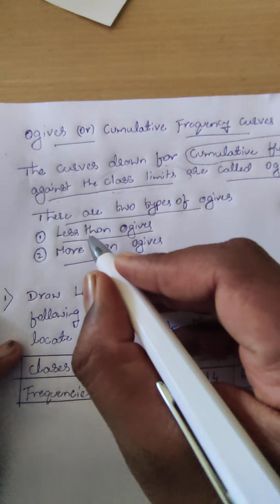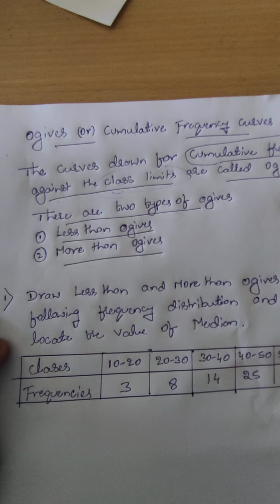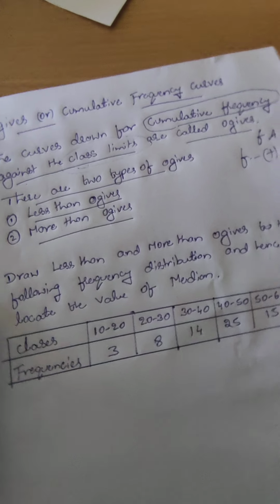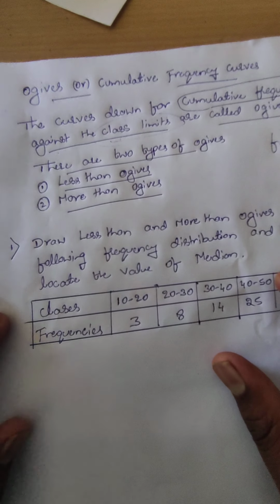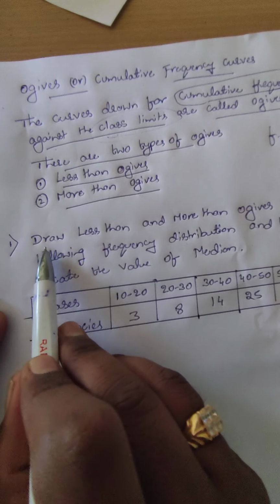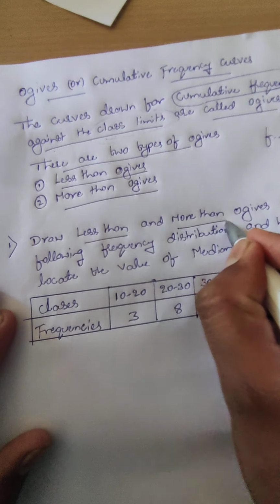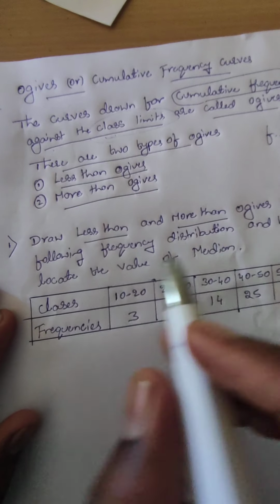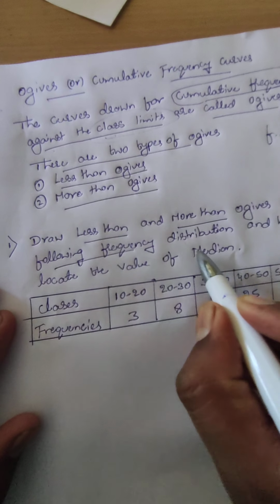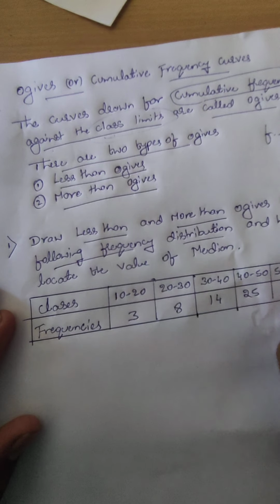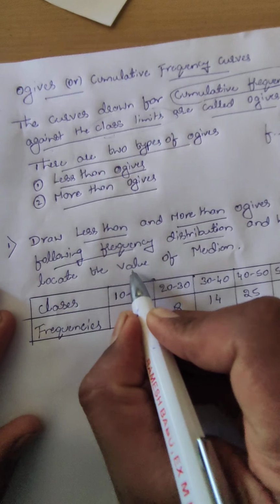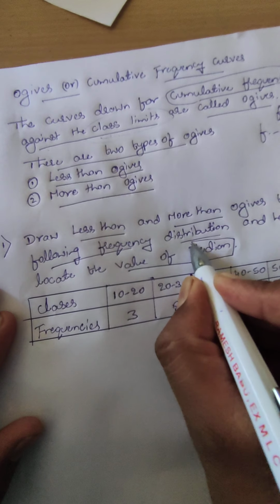So, let us solve one problem based on ogives. Draw less than and more than ogives to the following frequency distribution and hence locate the value of median.